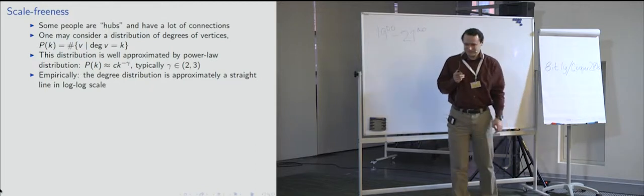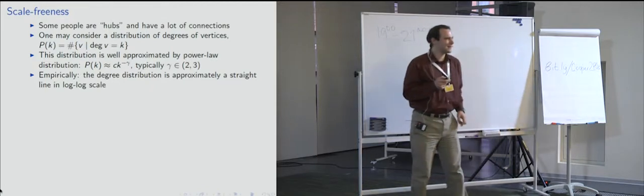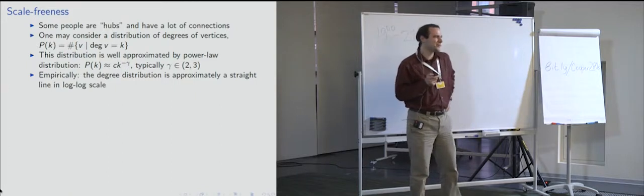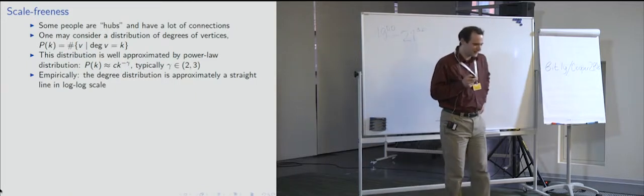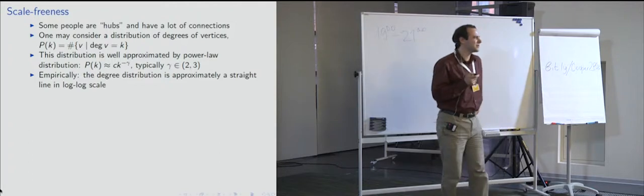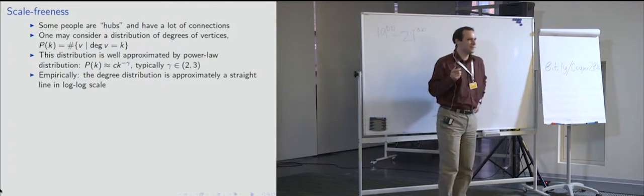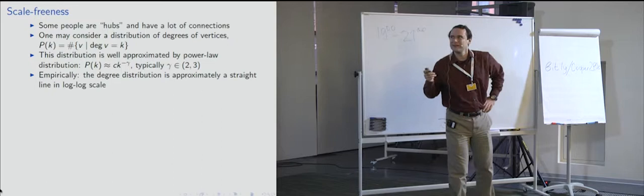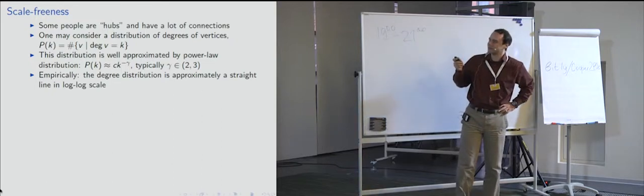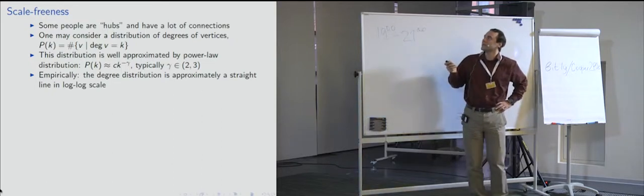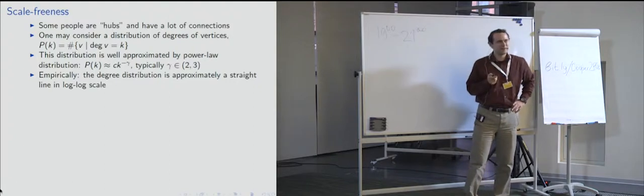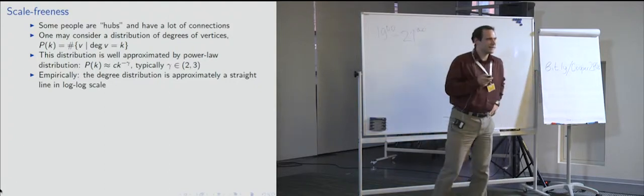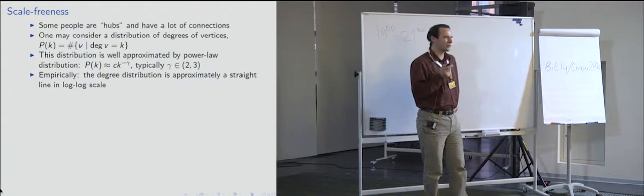This may be measured by the degree distribution, and the tail of this distribution is not exponentially low, but is distributed according to a power law. And this may be seen in the graph at log scale.